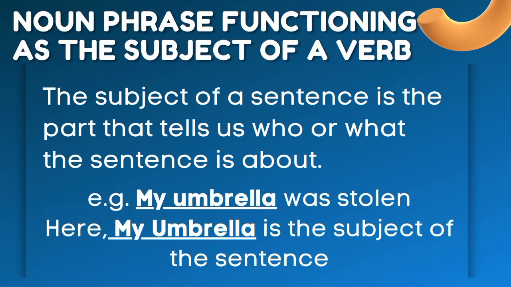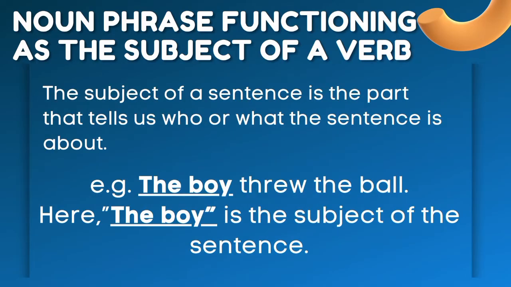For example, my umbrella was stolen. In that sentence, my umbrella is not performing any action, but the sentence is about the stolen object, which is my umbrella. Hence, my umbrella is the subject. Another sentence is the boy threw the ball.